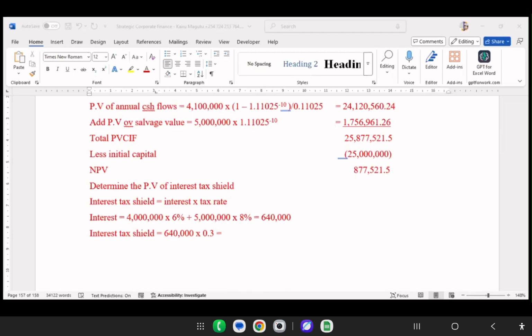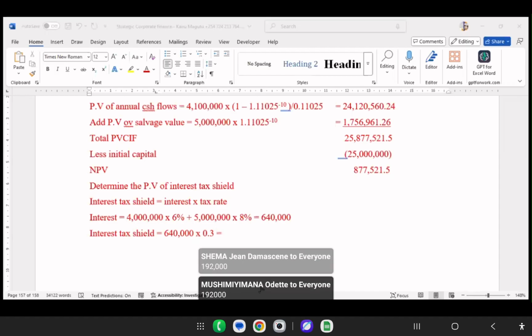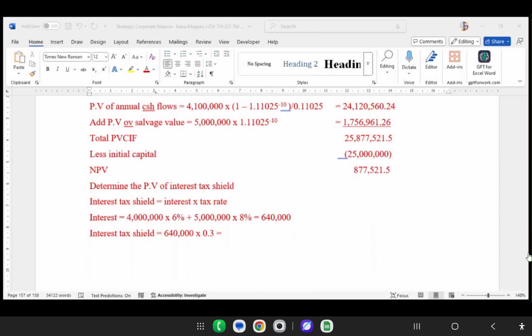The interest tax benefit. 30% of 640. $192,000.